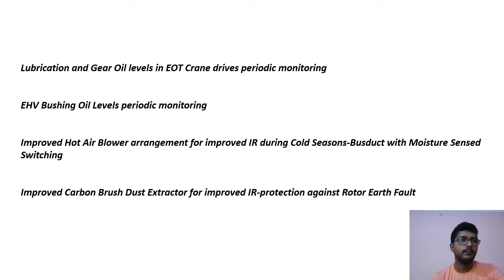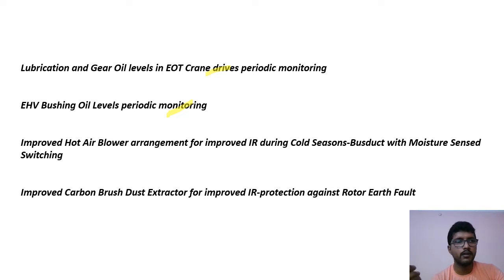Then we have another simple observation, like lubrication and gear oil levels in EOT crane. Then EHB bushing oil levels, periodic monitoring. This one is important: hot air blower arrangement for bus duct. Bus duct we have, in colder seasons moisture condensing.